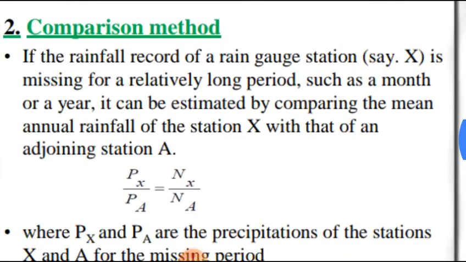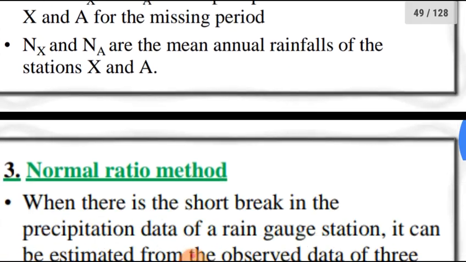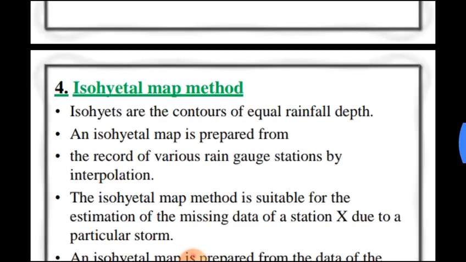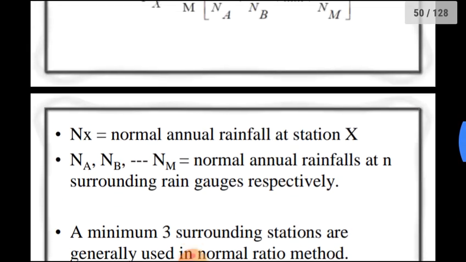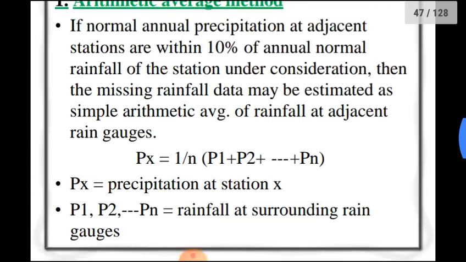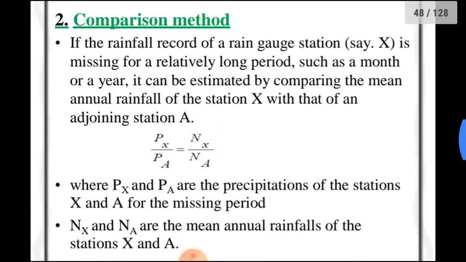We have rain gauges in that area, and we can also consider different techniques here: normal ratio method, comparison method, and arithmetic method.